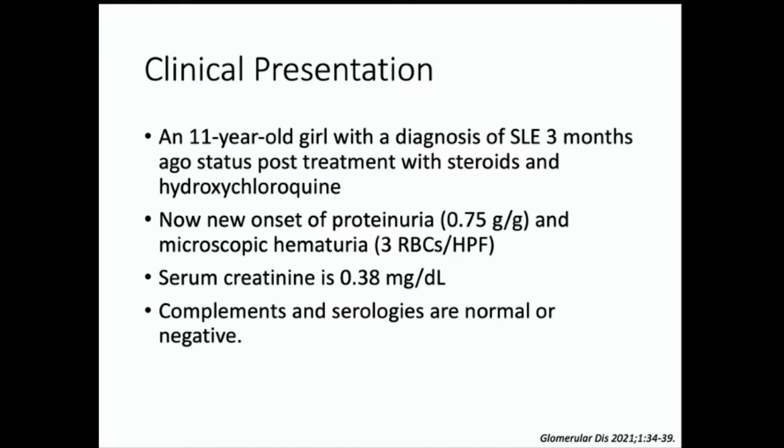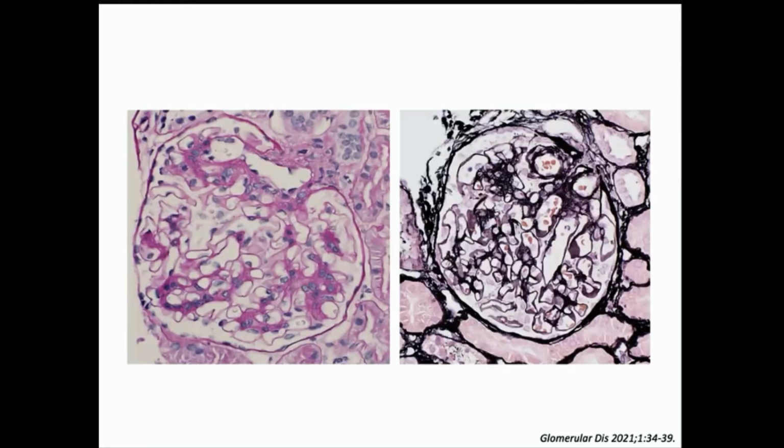Although with treatment she is doing better clinically and serologically, the urine shows proteinuria and microscopic hematuria. With this clinical picture, the most likely finding is either class 1 or class 2 lupus nephritis. So this is the light microscopy finding of this patient's biopsy.